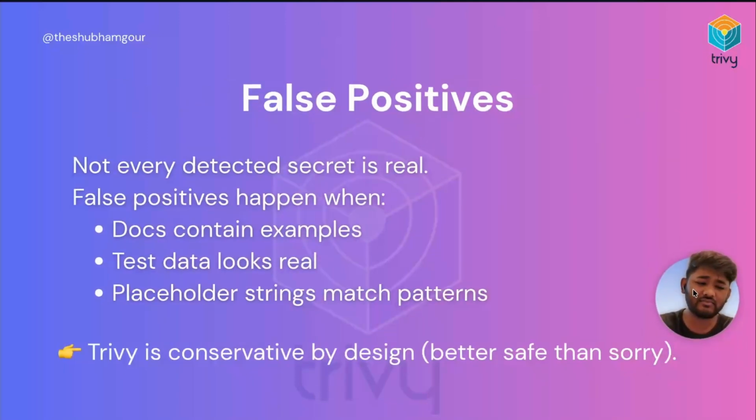Now, what is a false positive? Not every detected secret is real. Basically, since it is scanning for a pattern, it will scan your examples too, and at that time it will flag, hey, I found a secret, can you please check it?